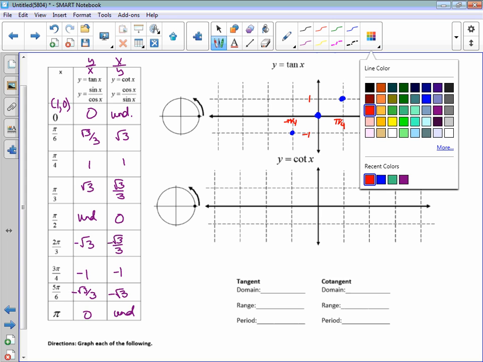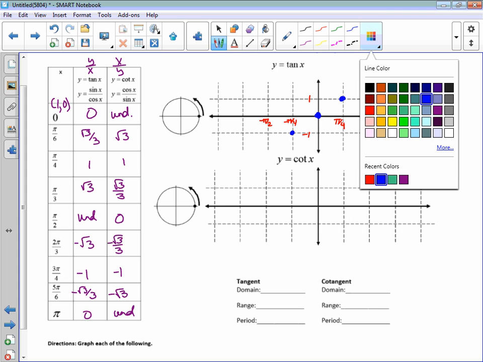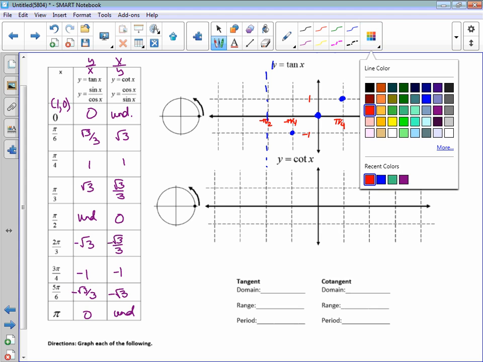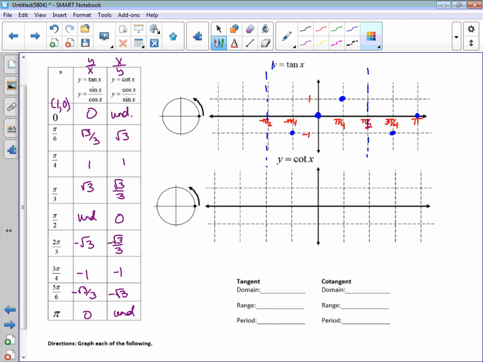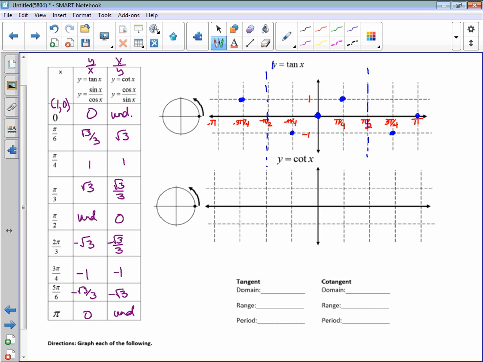What if I go to negative pi over 2? What's going to happen? Asymptote, yes. You can think about it or follow the pattern. What's going to happen at negative 3 pi over 4? 1. And what's going to happen at negative pi? 0. Okay, so we have more points now.